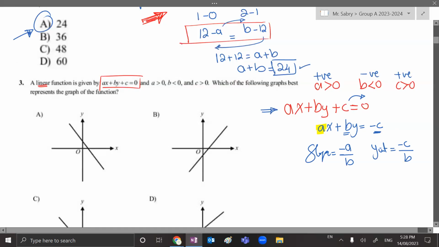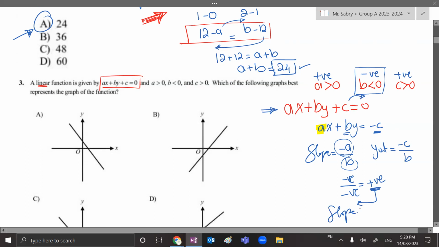So they told me that a is positive. When I use negative a, then this is now negative over the b. They said that the b is negative. So this is now negative over negative, which means that the slope must be a positive number. That's what I know about the slope now. The slope must be positive.